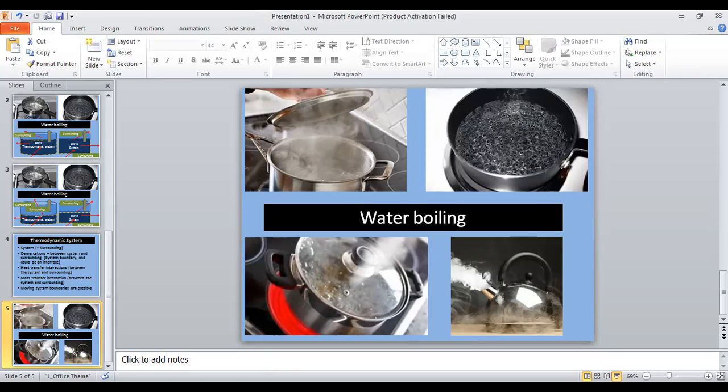So you may feel that, compared to this free boiling of water, when you close the lid and boil this, there is something significantly different.